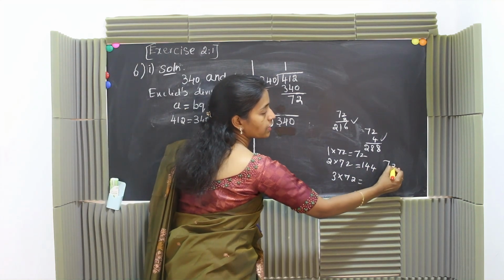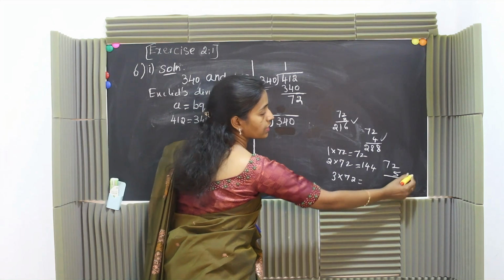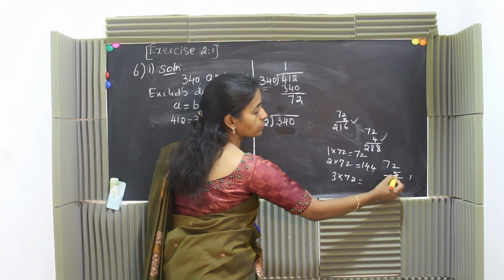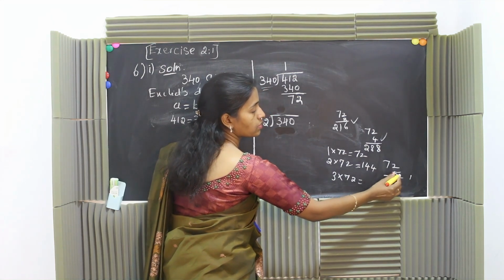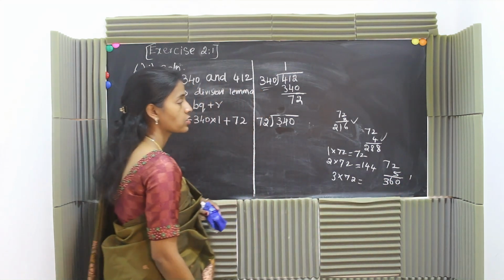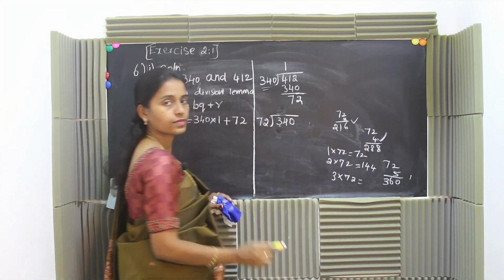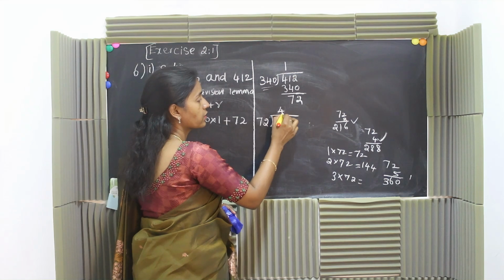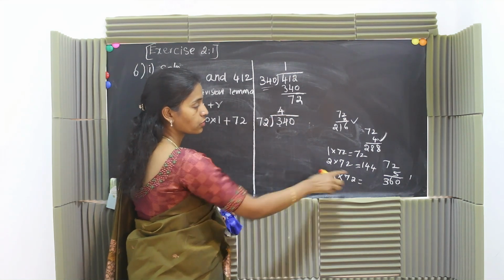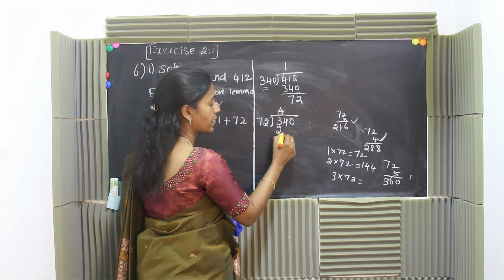And if you are checking 5, 5 into 72 is 360, which is more than 340. So we can take this 4. Okay. So here 4 into 72, 288.